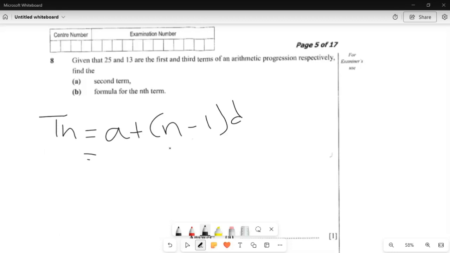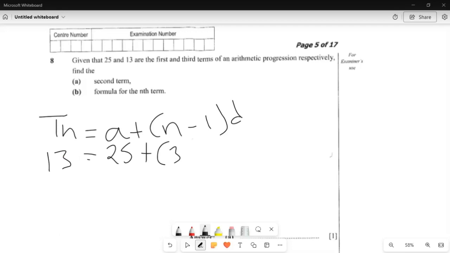So now we've been given 25. We are going to create an equation, because 25 is the first term, right? The third term is 13. So let's say we want to find 13. 13 is equal to the first term, which is 25, plus n, which is 3, because that is the third term, minus 1, d.